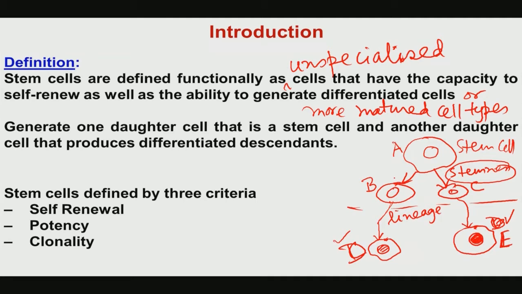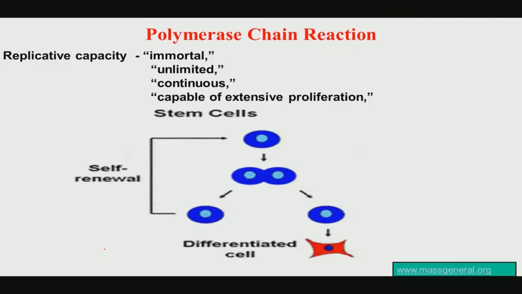Okay, now having given this introduction, stem cells can be defined by three unique criteria. One is self renewal, second is potency, and third is clonality. Each of these terms has its own importance.